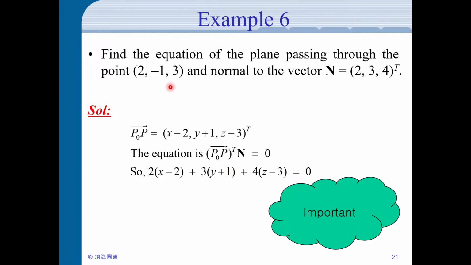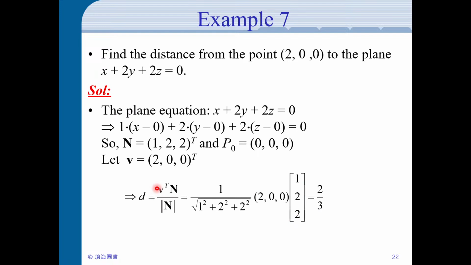The vector from this point to any point is (x minus 2, y minus 1, z minus 3), and you want this vector to be orthogonal to your normal vector, so you have 2 times (x minus 2) plus 3 times (y minus 1) plus 4 times (z minus 3) equals 0. You are just plugging into the formula exactly, and then you find the plane. Now we can do something more interesting.